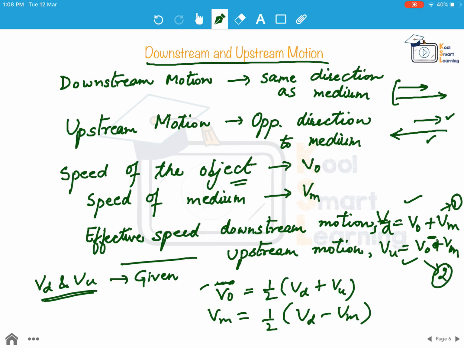Right? So where are they used? Supposing, as I mentioned in the example, I am cycling from place A to place B and cycling back. I know that if there is no wind, I cycle at a specific speed Vo.